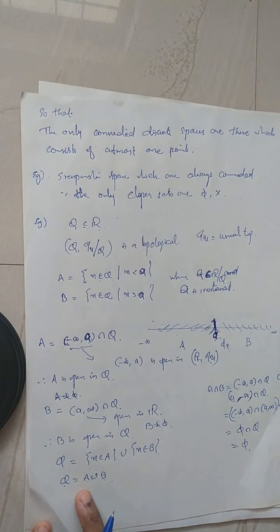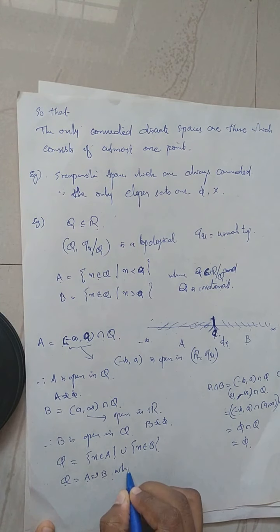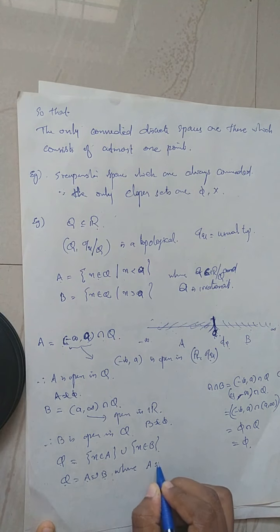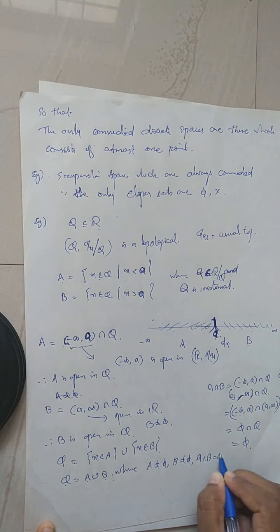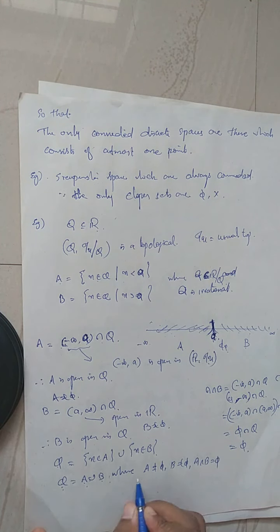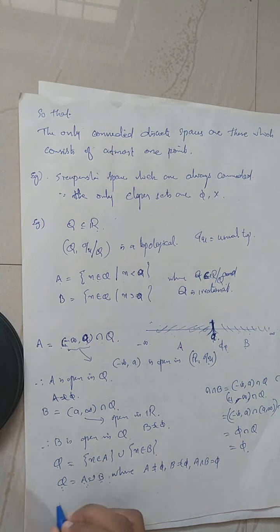So that Q can be written as A union B, where A and B are non-empty sets and their intersection is empty. It means Q can be written as a disjoint union of two non-empty open subsets. So which means Q is disconnected.